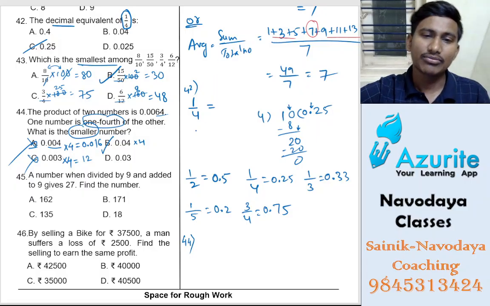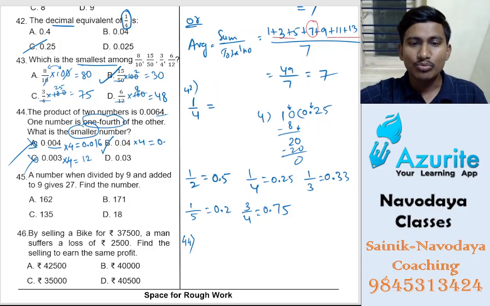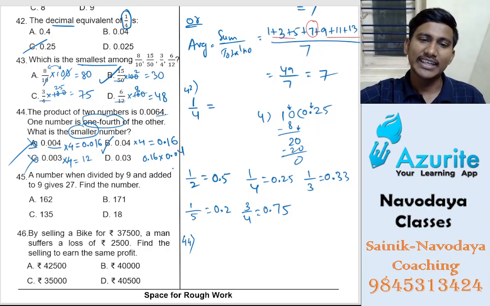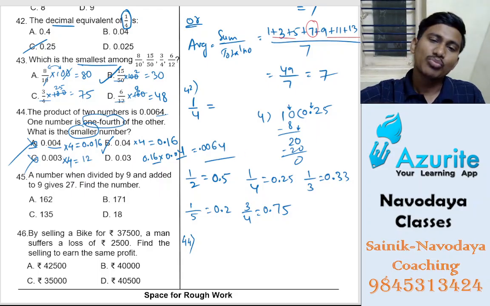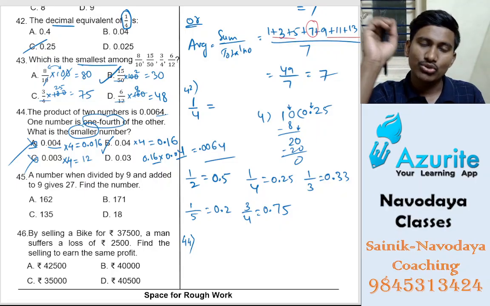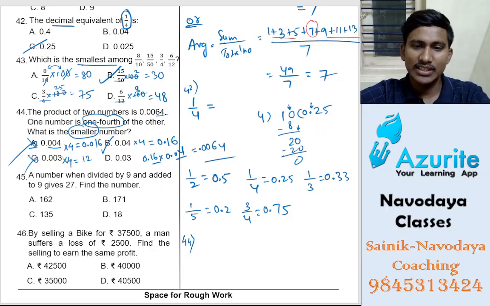If you multiply with 4, it will be 0.16. Now if you multiply 0.16 and 0.04, how much answer you will get? 16 4s are 64. Here 2 decimal places, here 2 decimal places, total 4. So the point will come, that is the 0.0064 answer. Understood this?